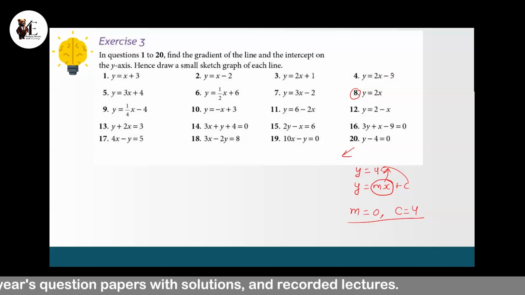I got M is equal to 2 and C is equal to 0. Yeah, that's correct.